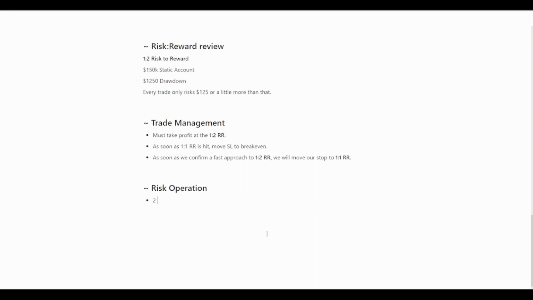Okay, after 2 wins in a row, even if I take 2 trades in a day, right? After 2 wins in a row, exit the chart. After 2 losses in a row, exit the chart. Most of this is just going to come down to trade discipline, right? We're going to try and stay out of the chart as much as possible.